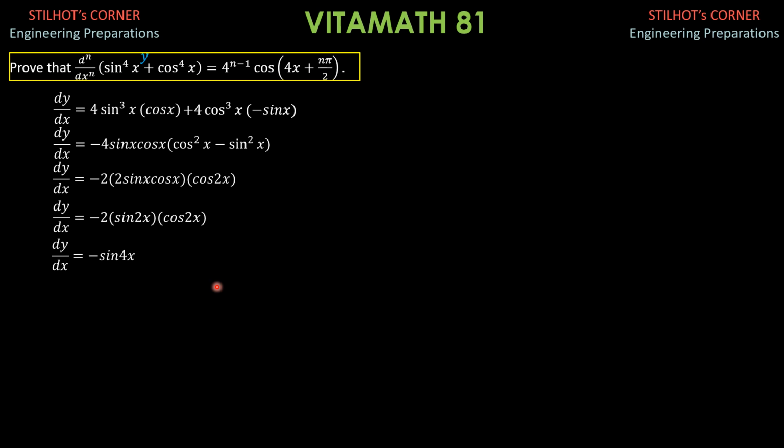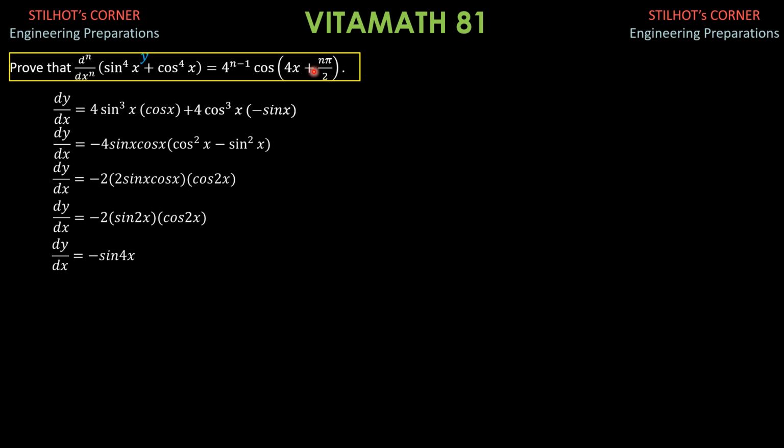If we check, n is 1, 4 to the 1 minus 1 is 4 to the 0 or 1. So it's really 1 here. Then cosine of quantity 4x plus 1 pi over 2. The expansion is cosine 4x cosine pi over 2, and cosine pi over 2 is 0. So the first term in the expansion is 0.